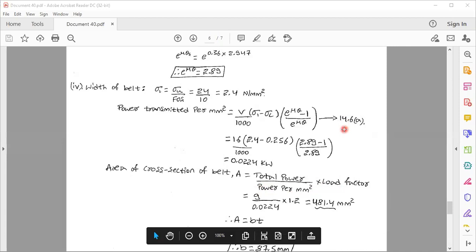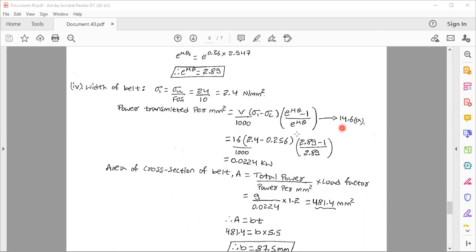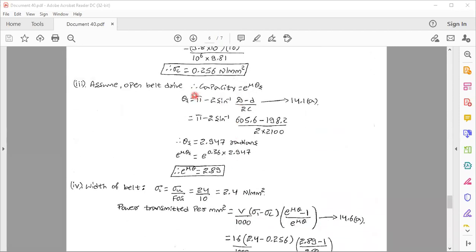It is in equation 14.6a. In that, two formulas are there. One is T1 minus T2 into V by 1000. The other one is this. In 14.6a, V is given, sigma 1, which is the permissible stress you have just calculated, and sigma C, the centrifugal stress, is also already calculated.